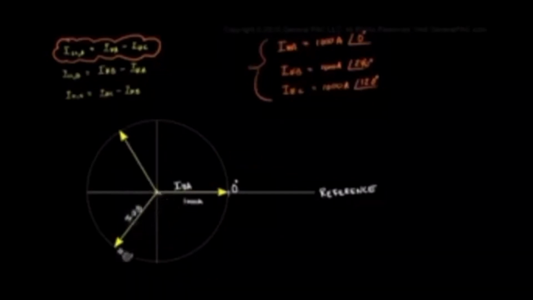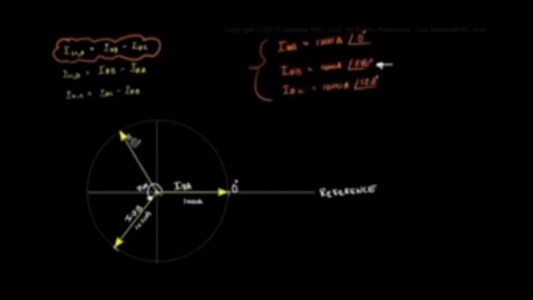This phasor is our phase B current, from the origin to this marker is 1000 amps, and its angle is 240 degrees. To find the angle, we go from the reference line in a counterclockwise direction until we reach 240 degrees. So this angle is 240 degrees.